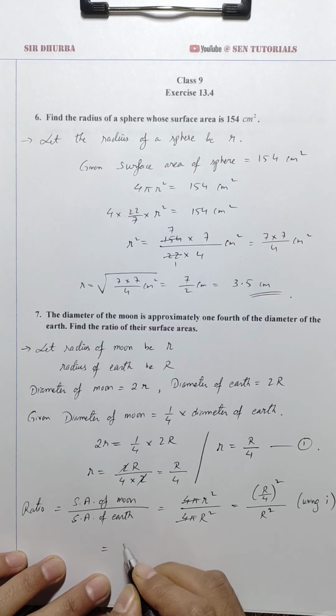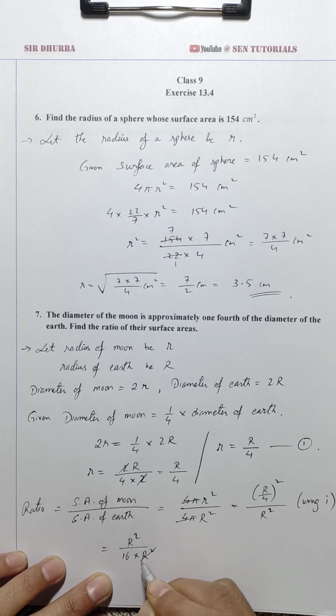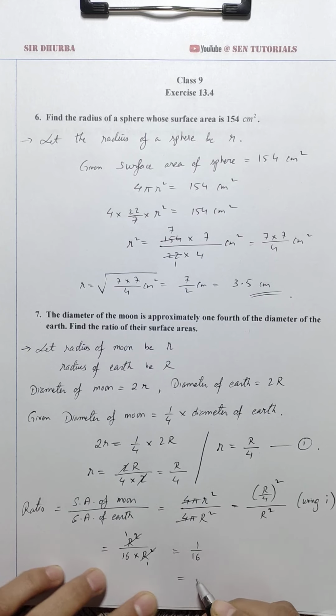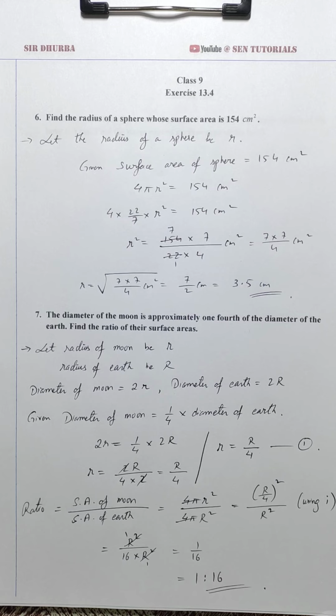So if we just simplify this, that will be R square by 4 square, 16. So 4 square will come down here upon R square. R square cancels. So we have 1 by 16. So the ratio will be 1:16. Okay, it's as simple as that. All right, done. We'll move on to the next question.